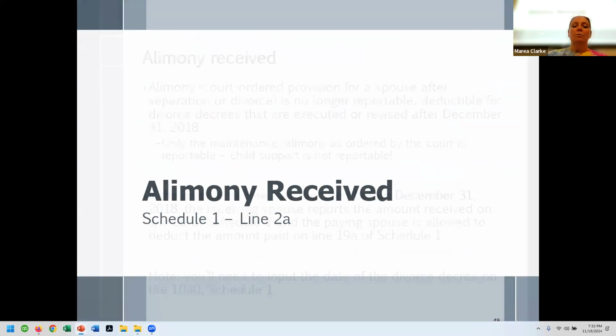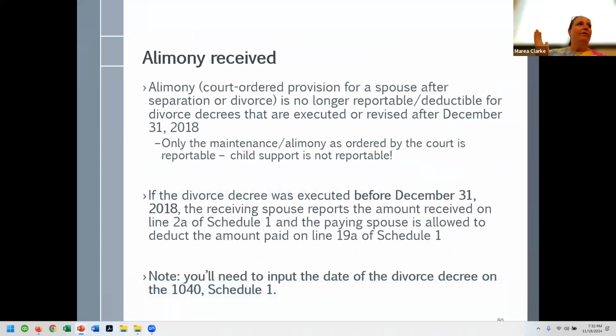Alimony received. So if a couple is married, they get divorced, and there is a court-ordered provision that says one spouse, former spouse, needs to give the other spouse money. Prior to 2018, that could be reported as income for the spouse that's receiving it, and an adjustment for the spouse that was paying it.